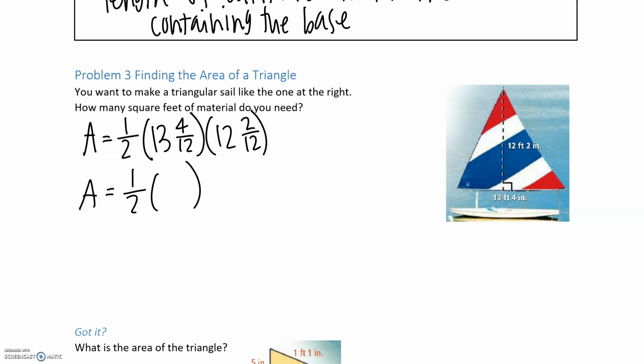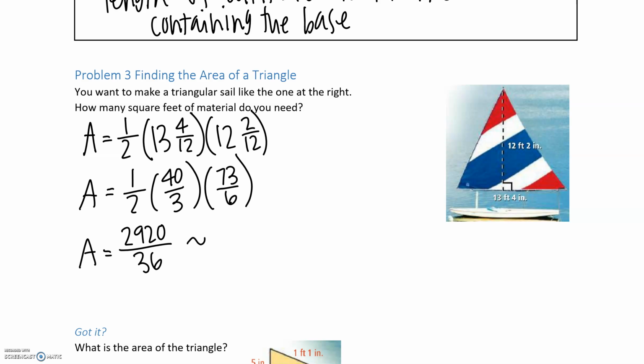Whoops. 40 over 3. This one is going to be 73 over 6. If we multiply this straight across, that area is going to give us 2,920 over 36, which in just regular numbers is going to be 81.1 repeating feet squared, because we're looking at area, so square area.